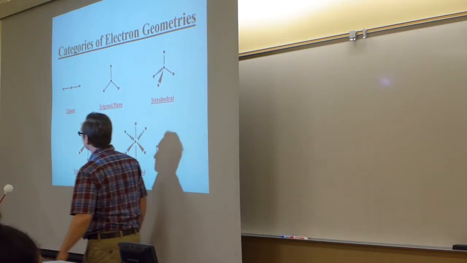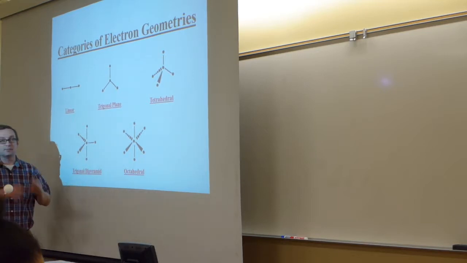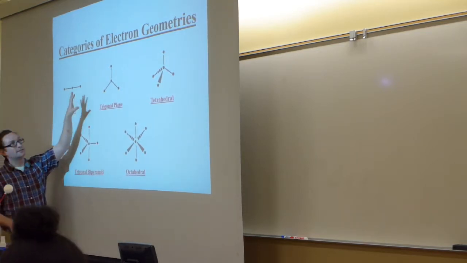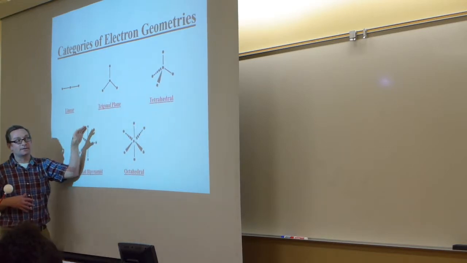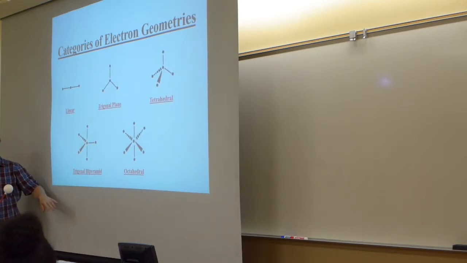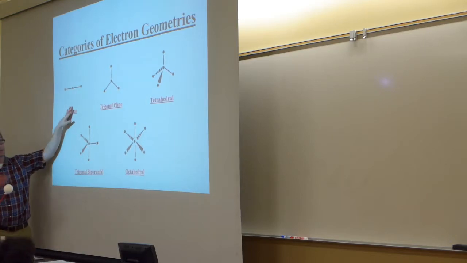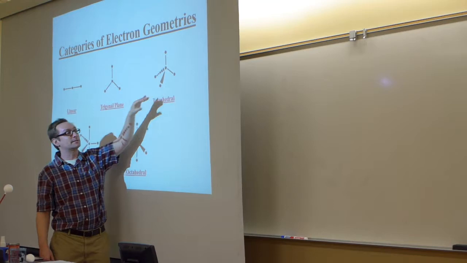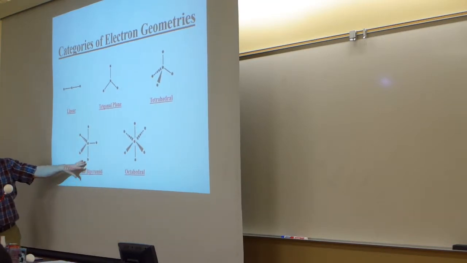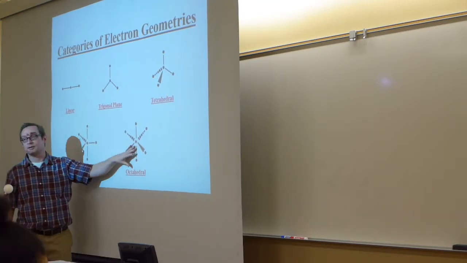So you've got categories of electron geometries. In Chem 107, you only did these first three. But in Chem 111A, we add a couple more onto this list. So we've got linear compounds, trigonal planar compounds, tetrahedral compounds, trigonal bipyramid compounds, and octahedral compounds.